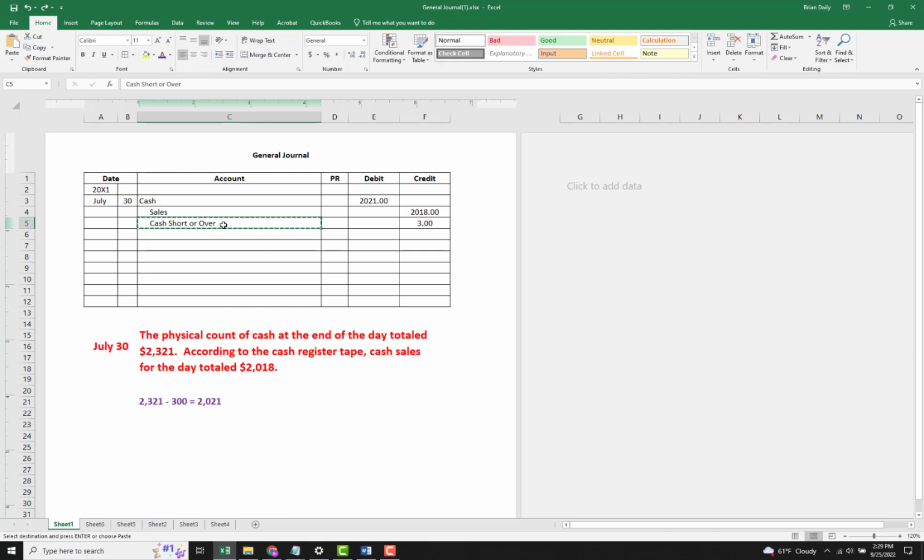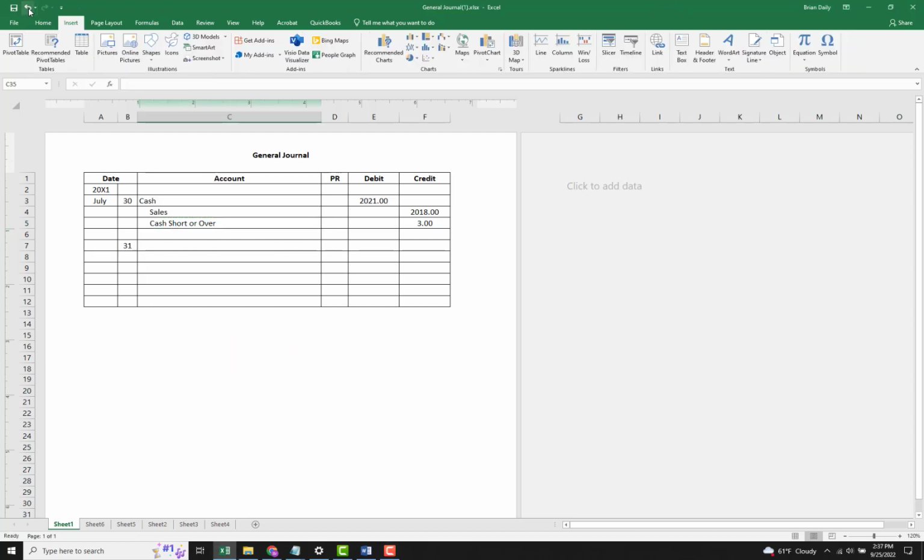This account will be credited when we are over and it will be debited when we are short. This account is classified as either a miscellaneous revenue or a miscellaneous expense. If we're over, it's a miscellaneous revenue, and if we're short, it's a miscellaneous expense.